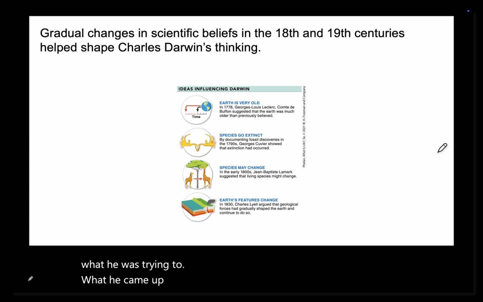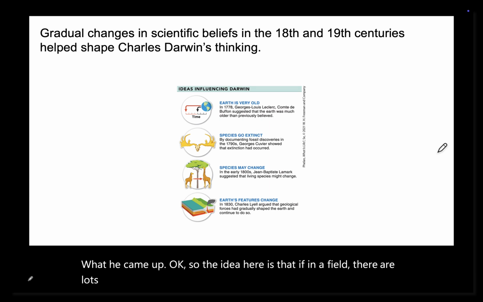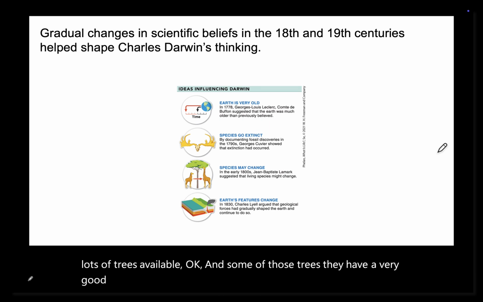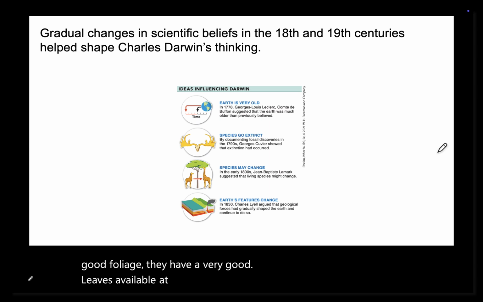Okay? So the idea here is that if in a field there are lots of trees available, okay? And some of those trees have a very good foliage. They have very good leaves available at the very top of those trees.